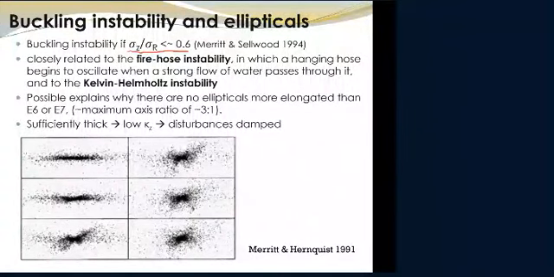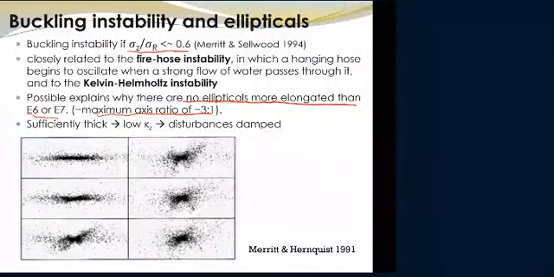A similar instability possibly explains why there are so few ellipticals more elongated than E6 or E7. E7 is a very elongated elliptical. This also hints at a maximum disk axial ratio of around 3 to 2.